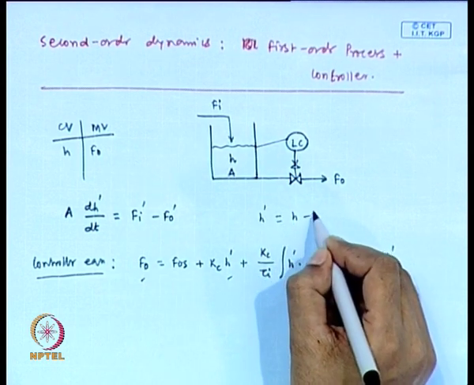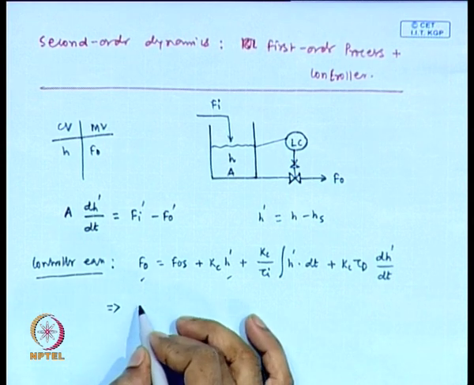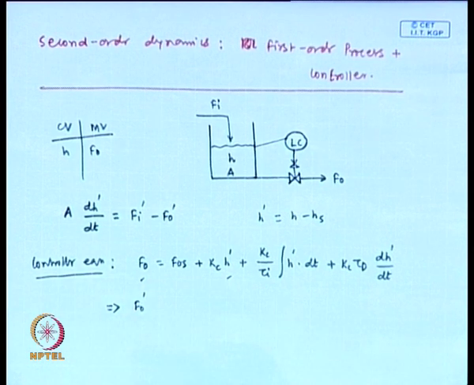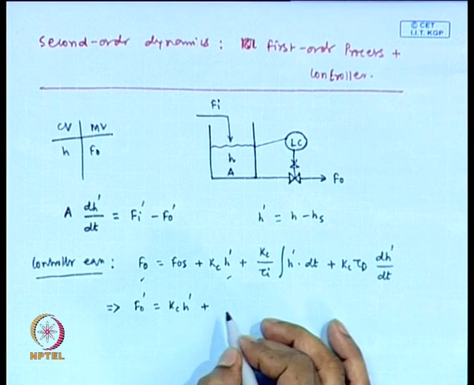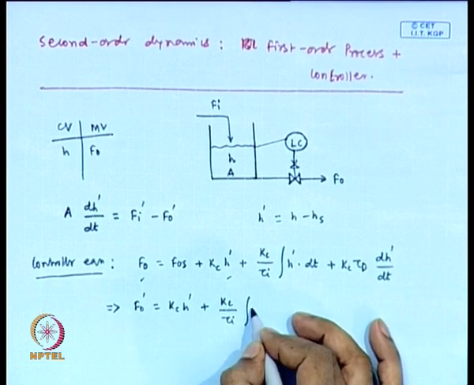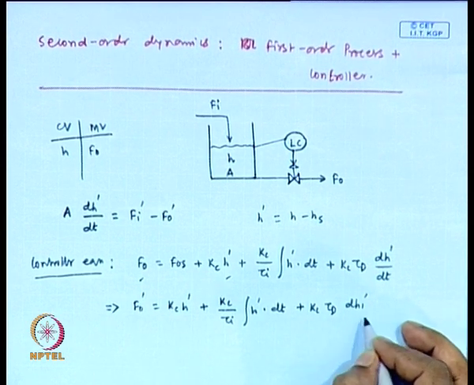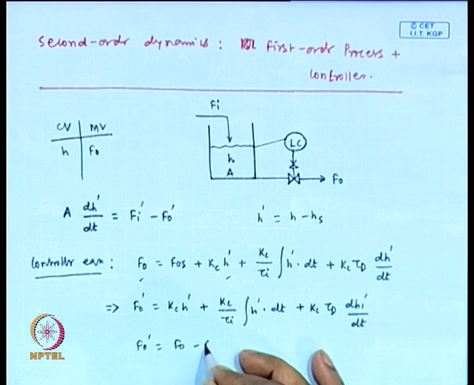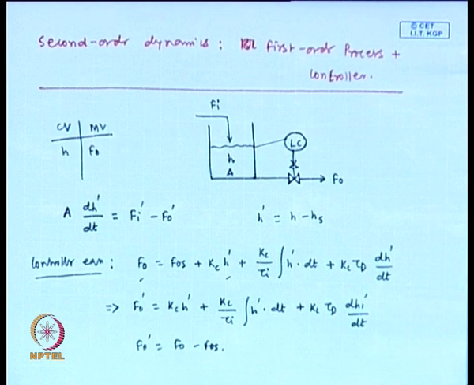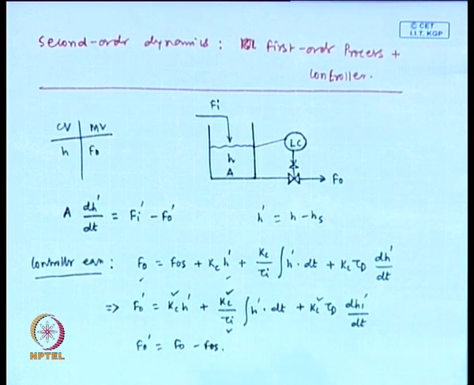H prime is H minus Hs. Fine. Now, we can write this equation as F naught prime equals K C H prime plus K C divided by tau y integration H prime dt plus K C tau d dH prime dt, where F naught prime equals F naught minus F naught S. And in this equation, K C, tau y and tau d, these three are controller tuning parameters.